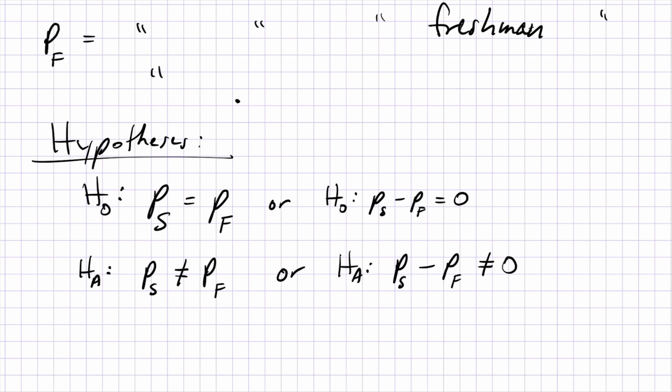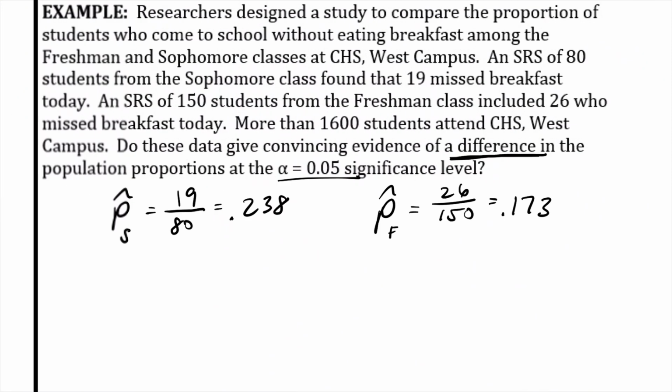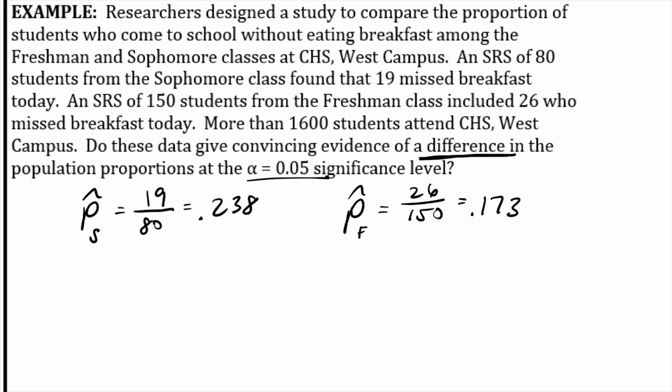Sometimes they'll ask you a question, I think they've asked you on the homework, like does your sample lead you to a certain alternative hypothesis, or does it give you any kind of insight? I haven't asked that on a test, but it might come up. When they ask that, you always look at your p hats. Based on our p hats, there is a little bit of a difference. Is it significant?